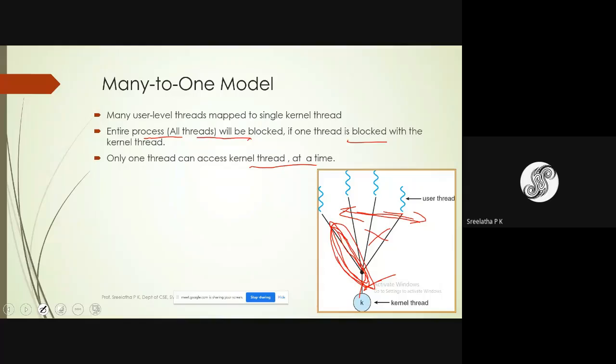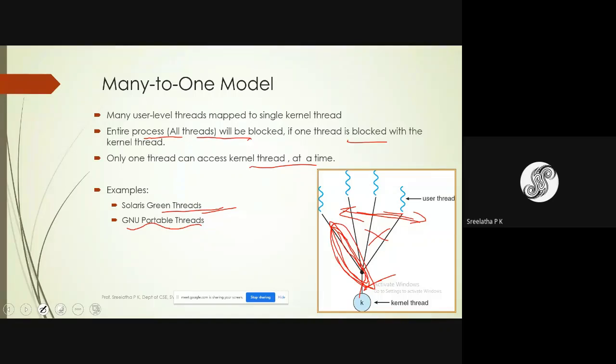It is used in some rare operating systems like the Solaris Green Threads operating system, where the many to one model is used, or in GNU Portable Threads, a part of the Linux operating system. So in GNU Portable Threads, this technique is used of creating many user threads and only a single kernel thread.